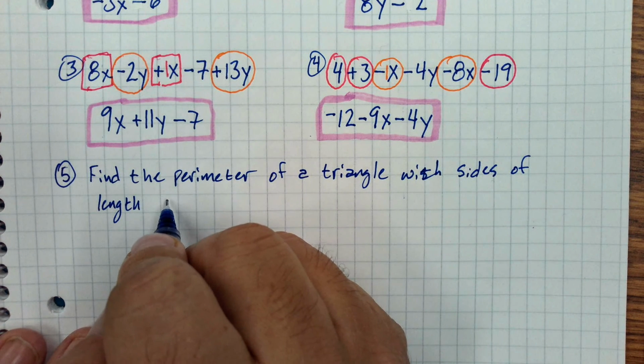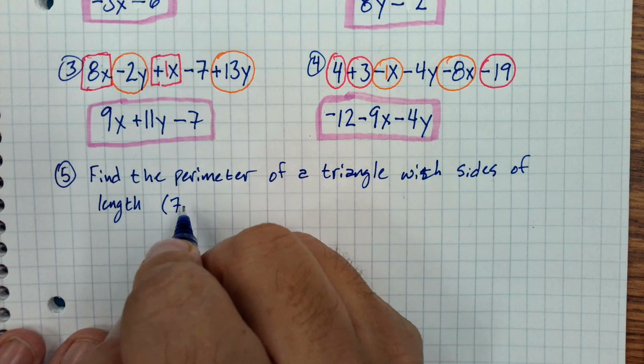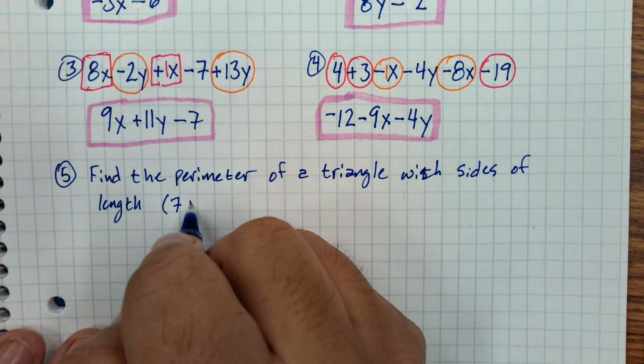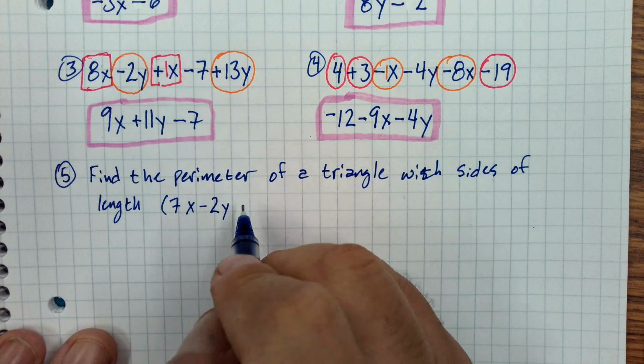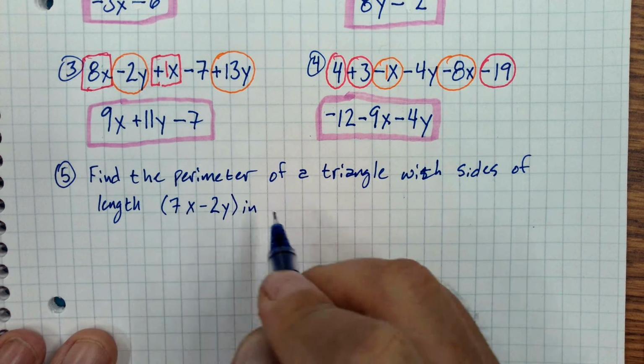Okay, so let's say one of them is 7x minus 2y inches.